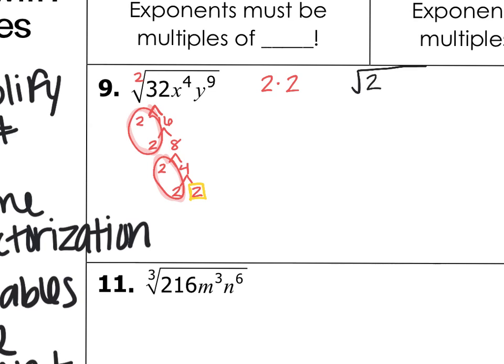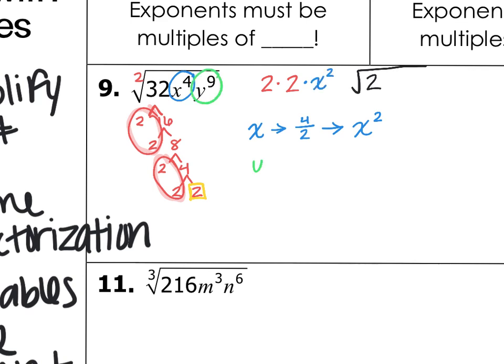Now for the variables, I'm going to deal with the x first. So I'm going to divide the exponent by the index. Well, that's just x squared, and there's no remainder. So that x squared is going to go on the outside.